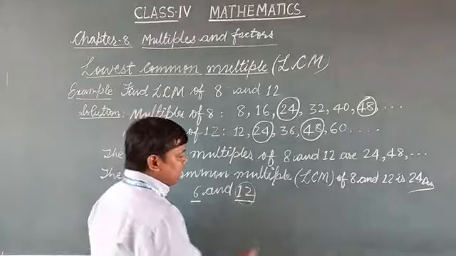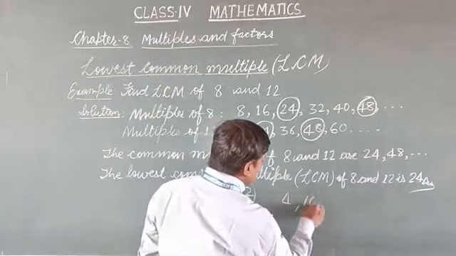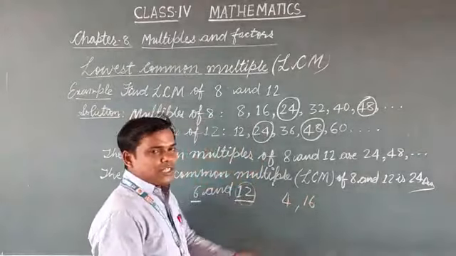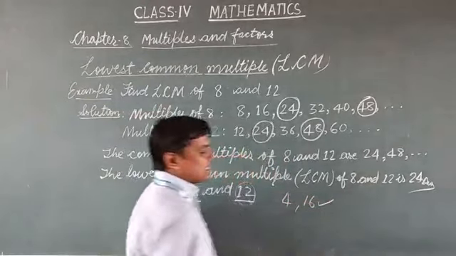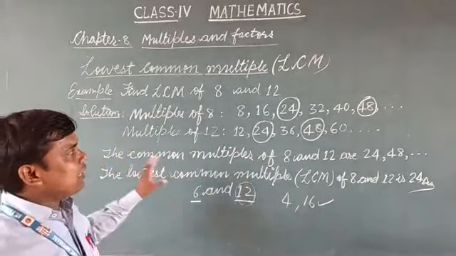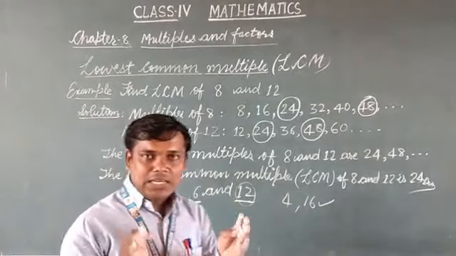Another example you have, if 4 and 16 are given, then 4 is a factor of 16, so the LCM will be 16. Like this you can find the LCM and HCF of the given numbers.